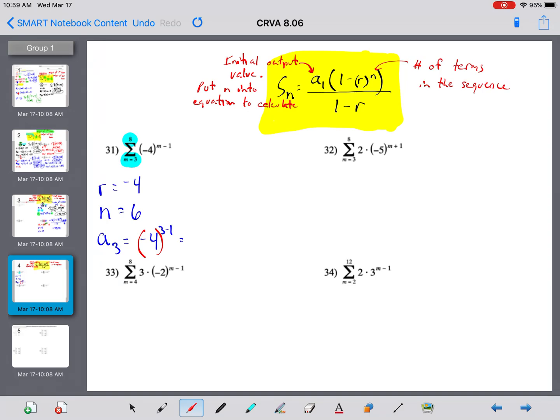Because negative 4 squared means negative 4 times negative 4, which is positive 16. And if you don't use those red parentheses, folks, you get the wrong number, and that stings. So the value of our first term is 16. That goes up there. Then 1 minus the rate, which is negative 4. Put that in parentheses, raised to the power of the number of terms, which is 6. I'm going to punch this into the calculator now.